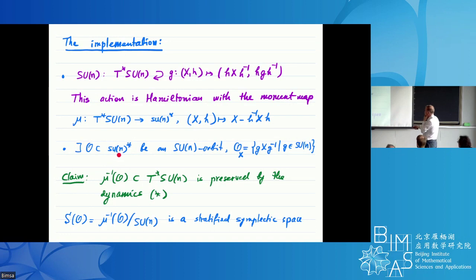If you fix a coadjoint orbit in the dual space to the Lie algebra su(N), then the pre-image of this orbit with respect to the moment map in the cotangent bundle is preserved by the dynamics that I described before. And if you take the quotient of the pre-image over SU(N), that's a stratified symplectic space.